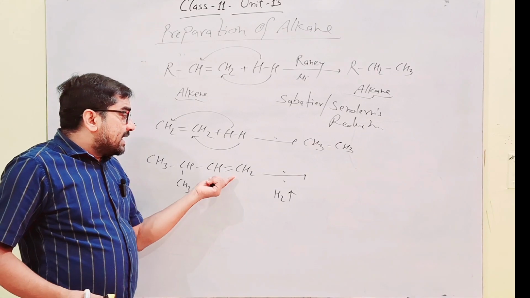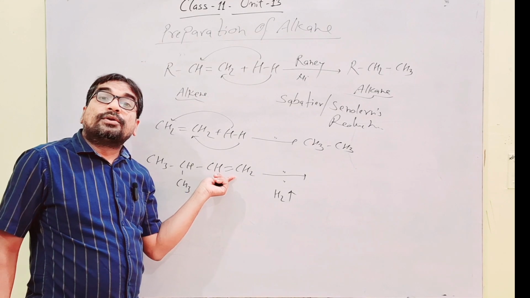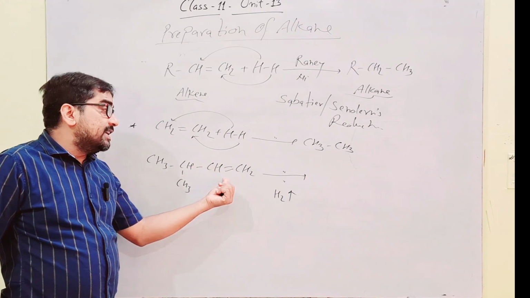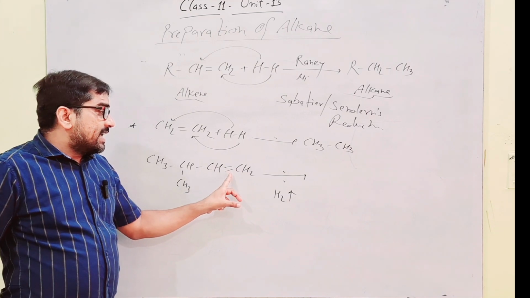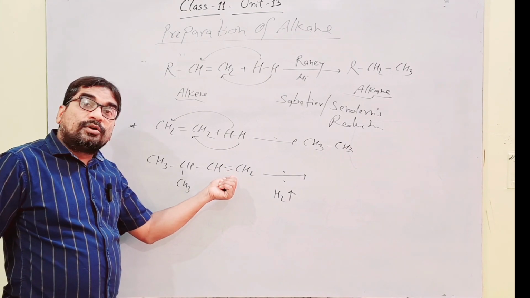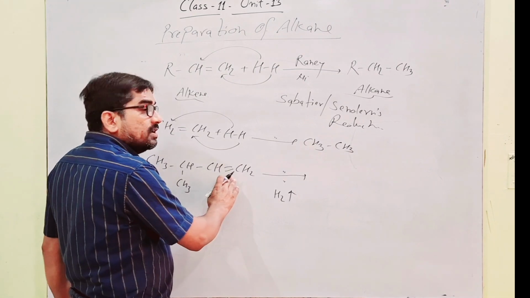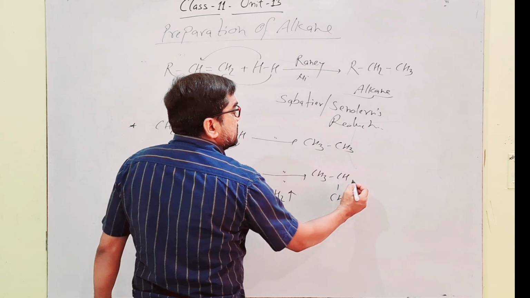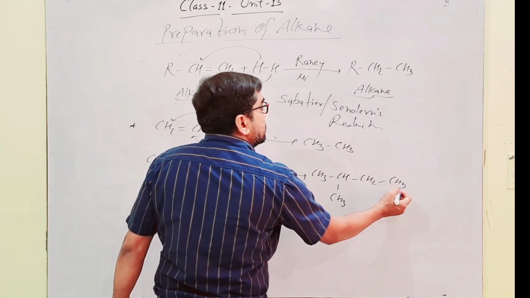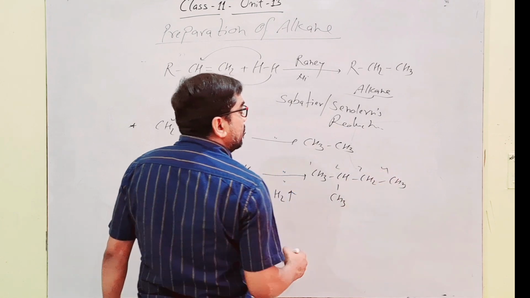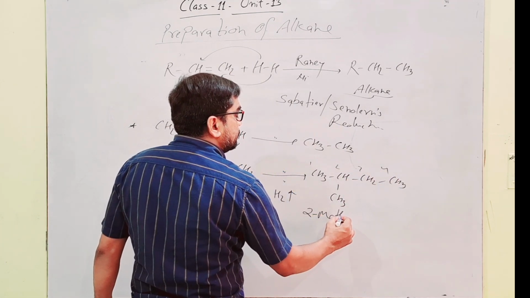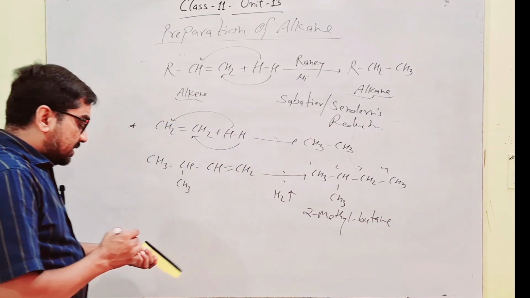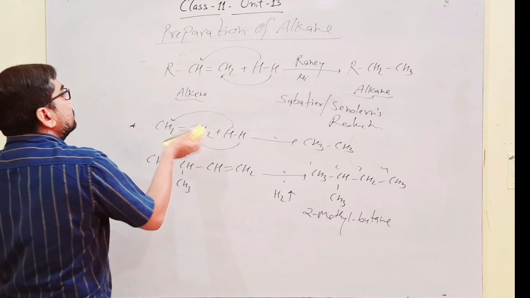Hydrogen gets attached only to the carbons linked with the double or triple bond, with no effect on the rest of the groups on both sides. So it will become a single bond and the final product formed is an alkane, CH3 CH3 single bond CH2 single bond CH3, 1 2 3 4, 2-methyl butane as the final product.